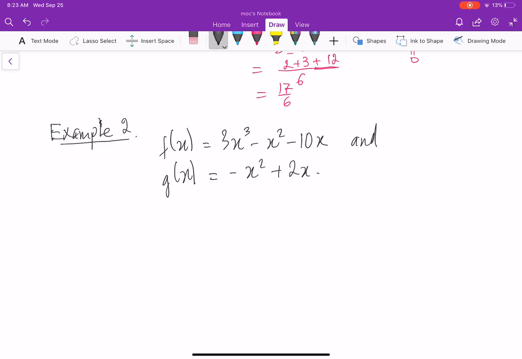In this situation, we don't know the graphs of these two functions, so we have to graph them. By the way, they don't give us the interval, right?